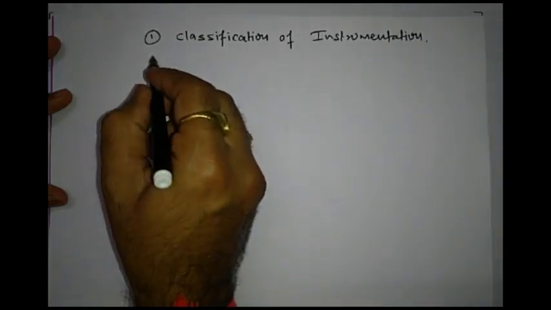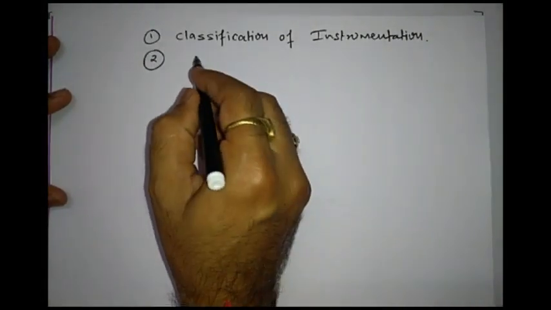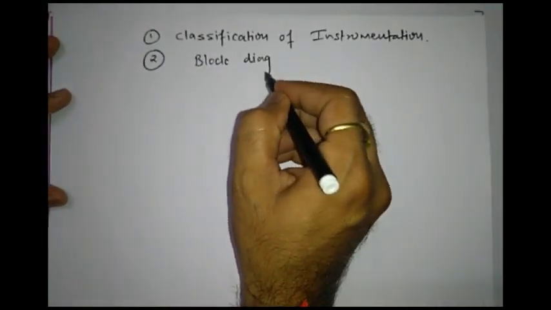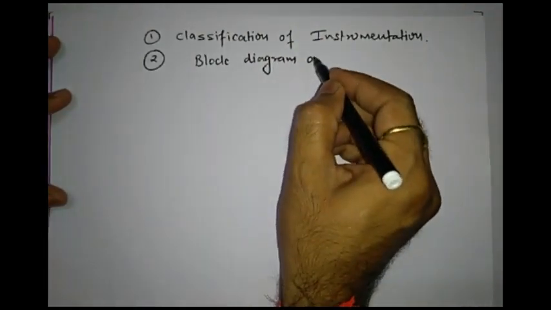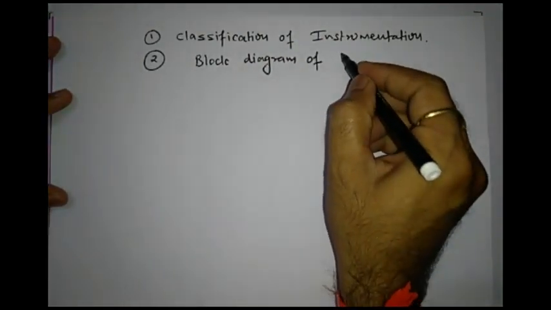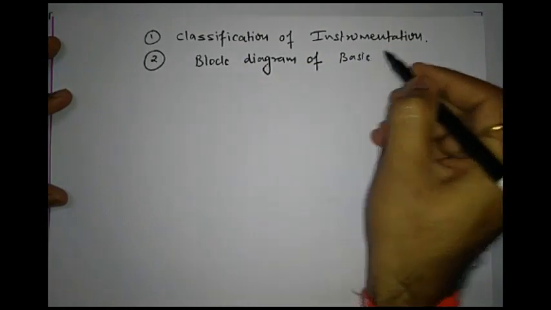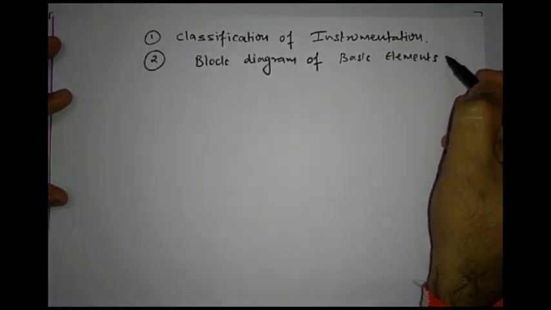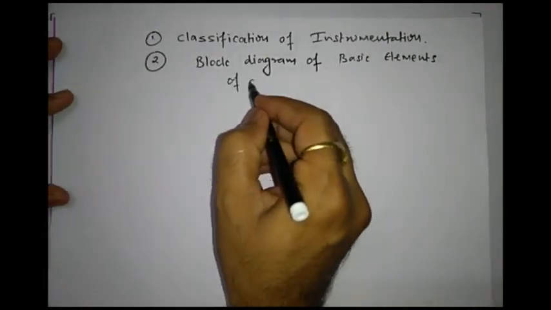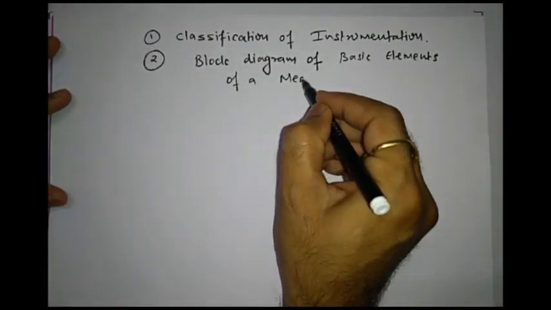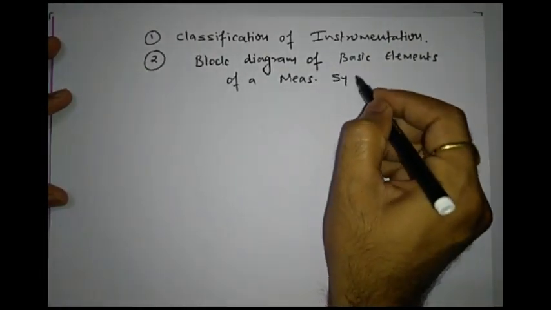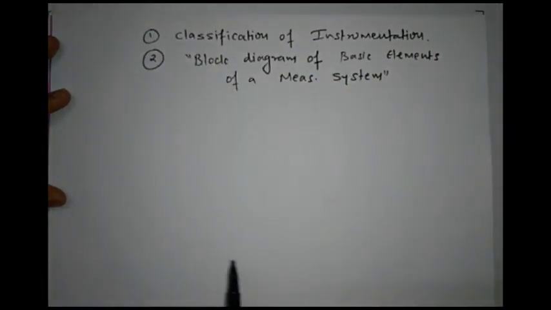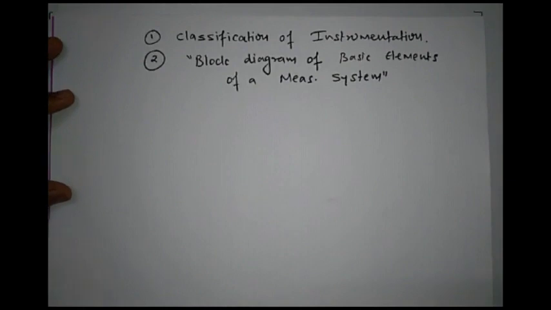And the second topic is block diagram of basic elements of a measurement system. So these are the topics which we are going to cover in this lecture.